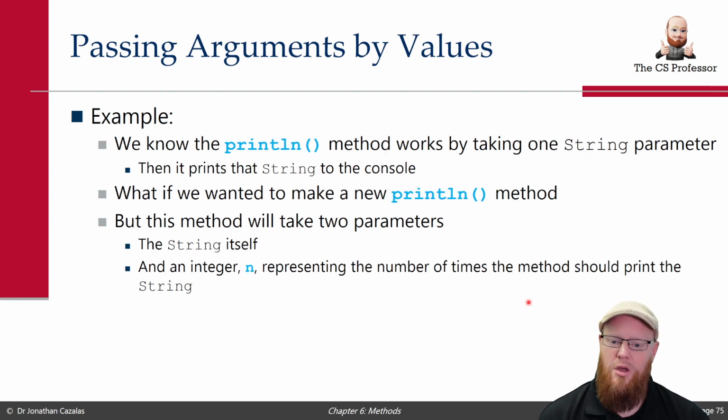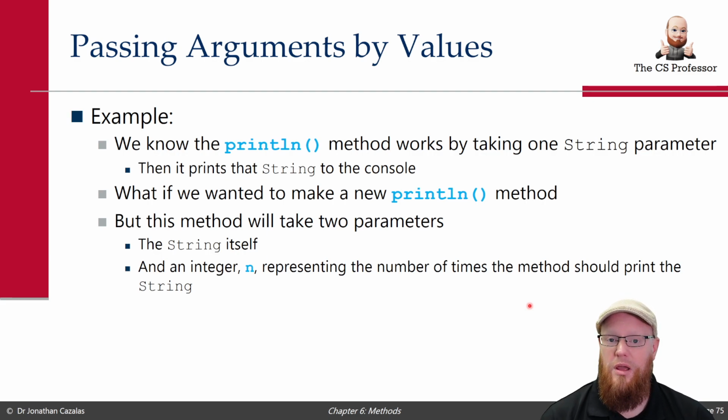Here's an example. We know that the println method works by taking in a string parameter, and that it then prints that string to the console. That's just an example. But what if we want to write a new println method that not only has one parameter, but has two parameters? The first parameter could be a string, a message we would like to print.